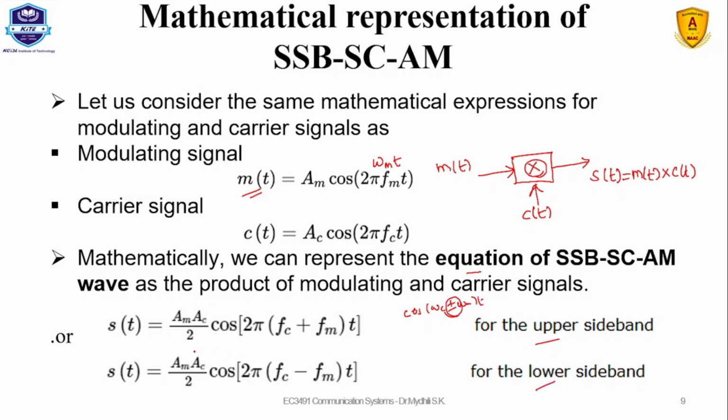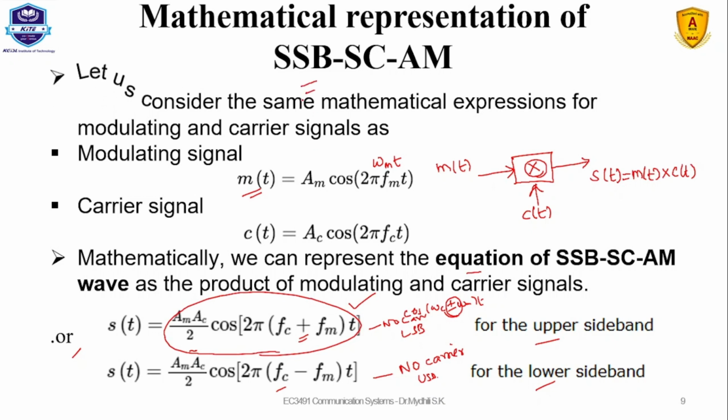Here you could see at the output, after solving using the trigonometric solution, we will get just either the upper sideband or the lower sideband characteristics. Here there is no carrier, and the upper sideband is not present, whereas here there is no carrier as well as no lower sideband. So based on the mathematical representation, we have arrived at the single sideband suppressed carrier AM.